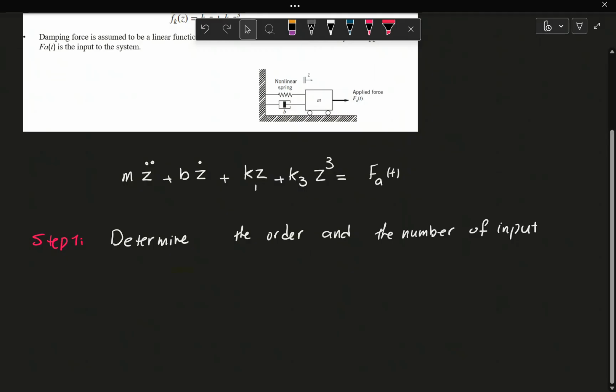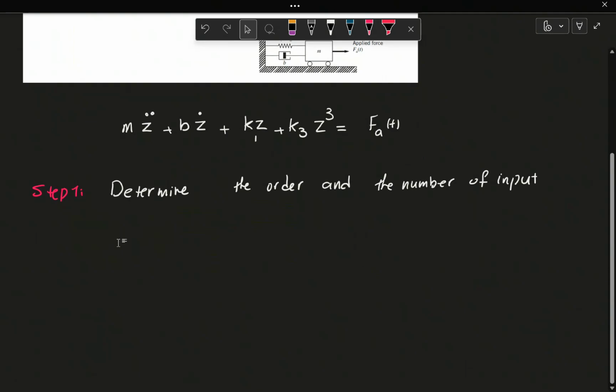Your order is the number of states, or the number of first order differential equations that you're looking for, and inputs are directly given to you. So n is the order of the system. N is the maximum order derivative that you have here. You have a second order derivative, so n is equal to 2. And r is the number of inputs. In this problem, you have only one input, and that's the applied force.